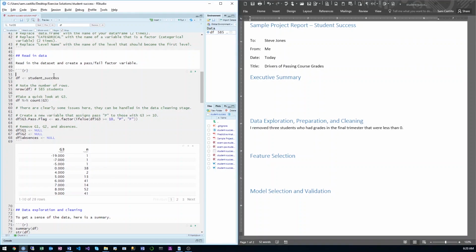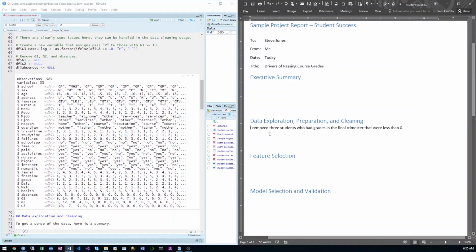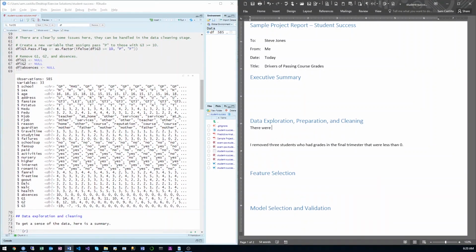And I like to start off just by summarizing the data overall. There were 29 predictor variables and 585 observations of students. I'm not going to worry about fixing spelling because I could do this at the end. I'm just going to use the word review grammar and spelling at the very end.